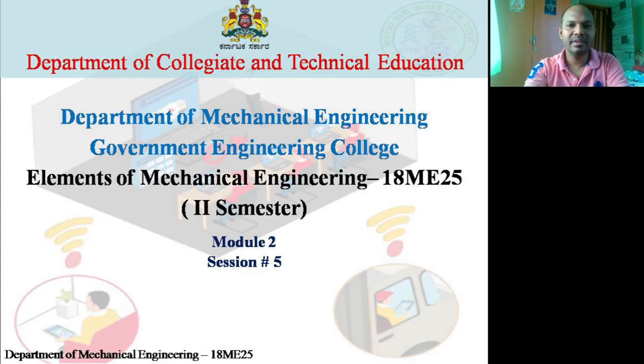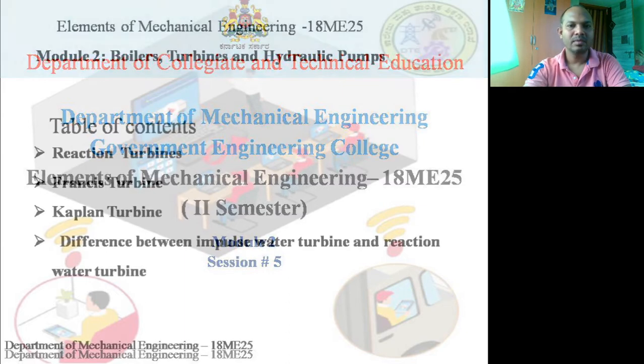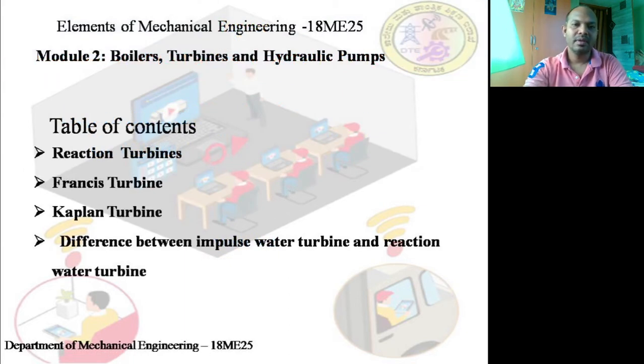Now, in this session, let us talk about the other type of turbine, the reaction turbines. Even in the reaction turbine, we have low head and medium head. The table of contents follows: reaction turbines, water reaction turbines, and then we will study two types of reaction turbines, the Francis turbine and the Kaplan turbine, and the difference between impulse water turbine and reaction water turbine also.